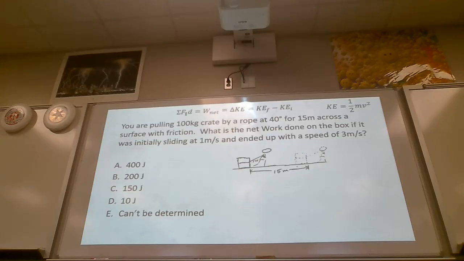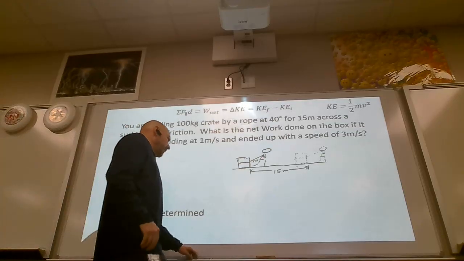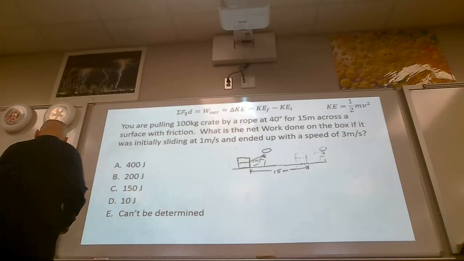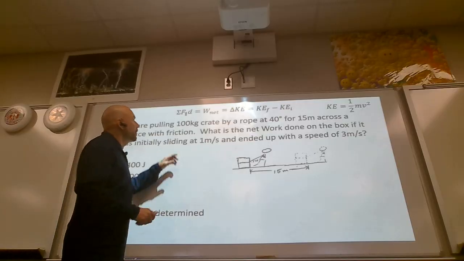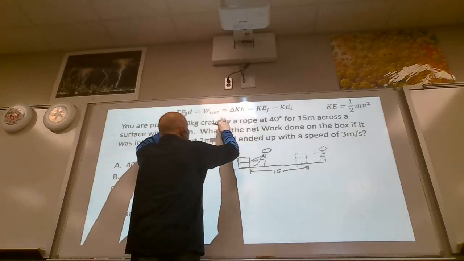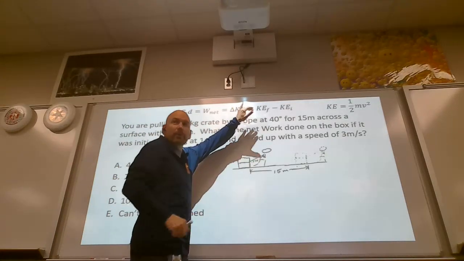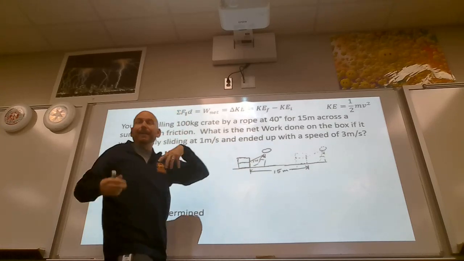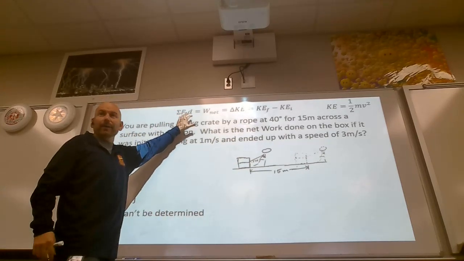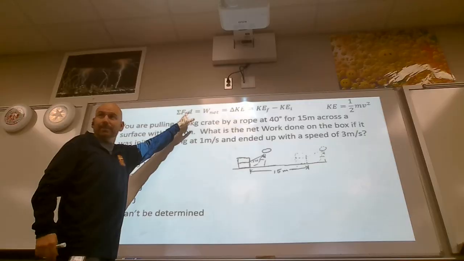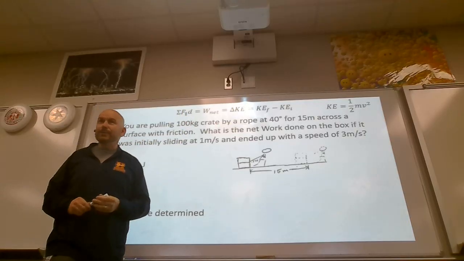Okay, correct answer is A. My hope, okay, so to find the net work, you've got two options. You can go the force times distance route or the change in kinetic energy route. The killer was you had the distance, but you didn't have anything about the net force.